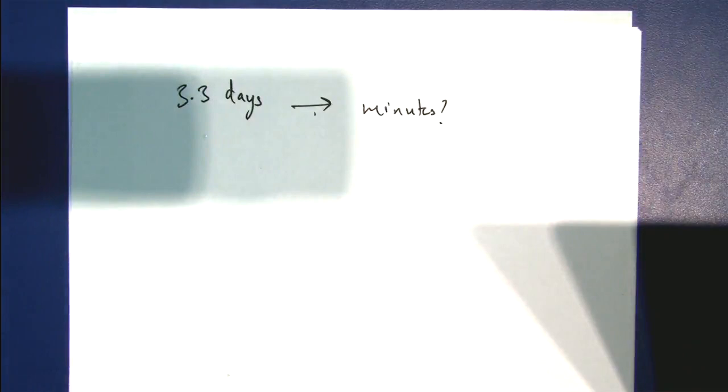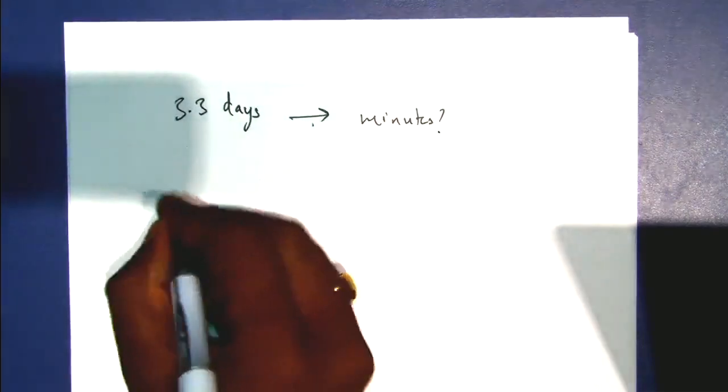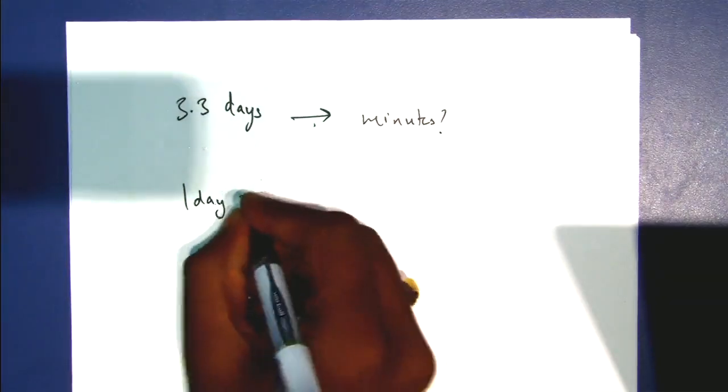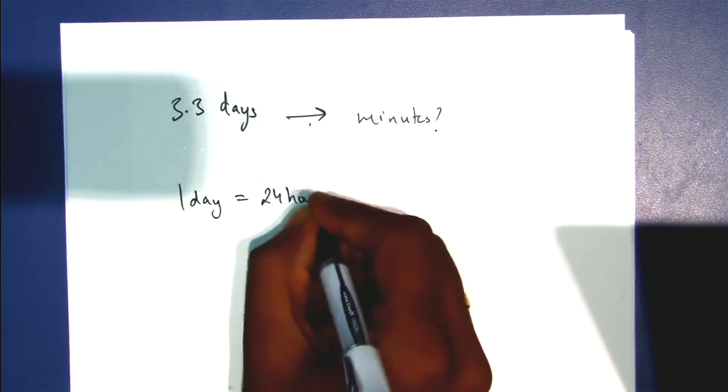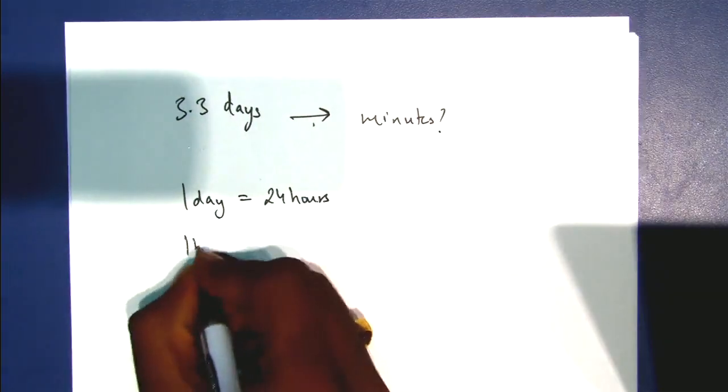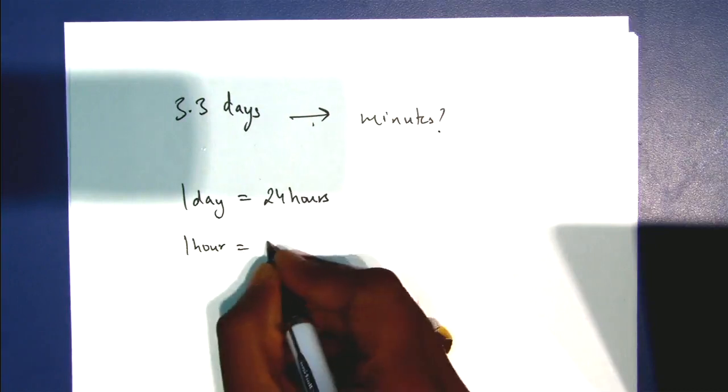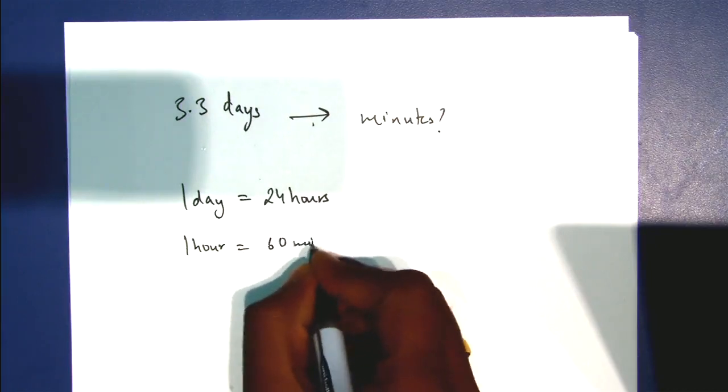Your first step, of course, is do you know the conversion factor? We're going from days to minutes. Most people know days to hours, hours to minutes. So your conversion factors are 1 day is 24 hours and 1 hour is 60 minutes.